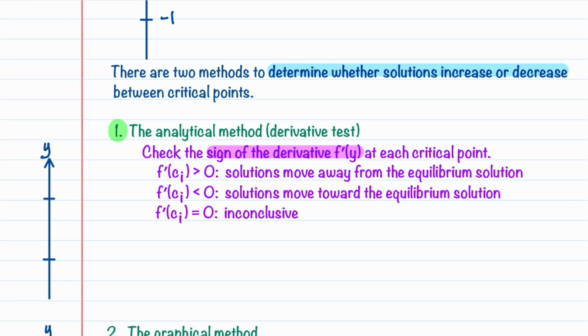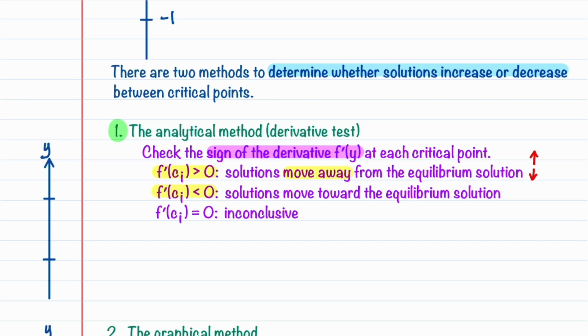If the derivative of f at a critical point is greater than 0, then the solutions are going to move away from the equilibrium solution. We usually notate this with arrows like this, one like this, and one like this, and in between those two arrows is the equilibrium solution.